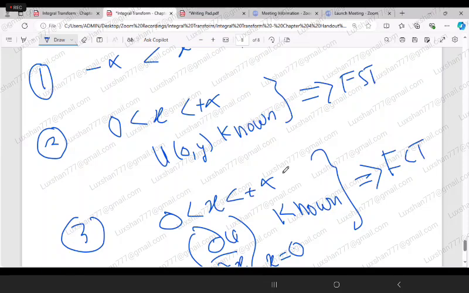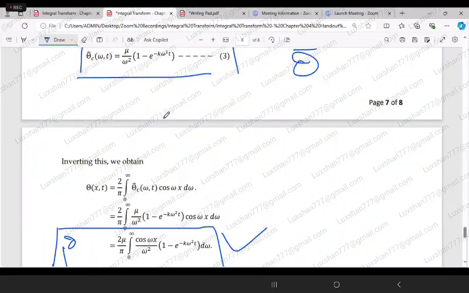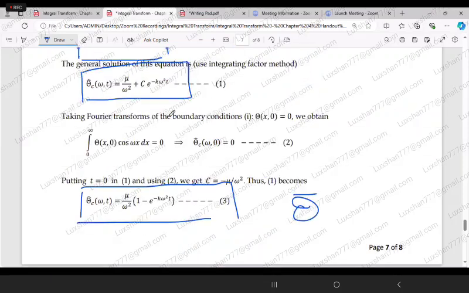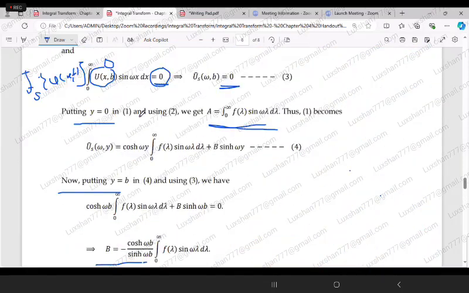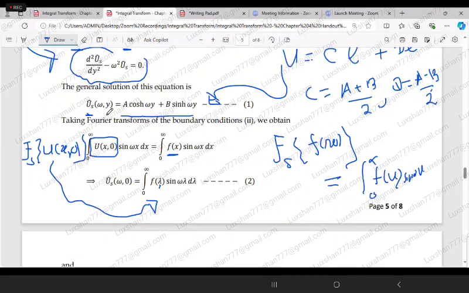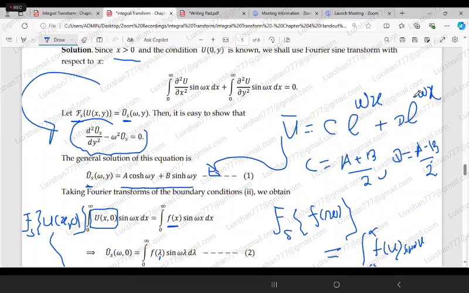Okay. The second question. Here in this handout, we have considered the general solution in the form a cos ωy plus b sin ωy. If somebody takes a e^(ωx) plus b e^(−ωx), that is also fine.